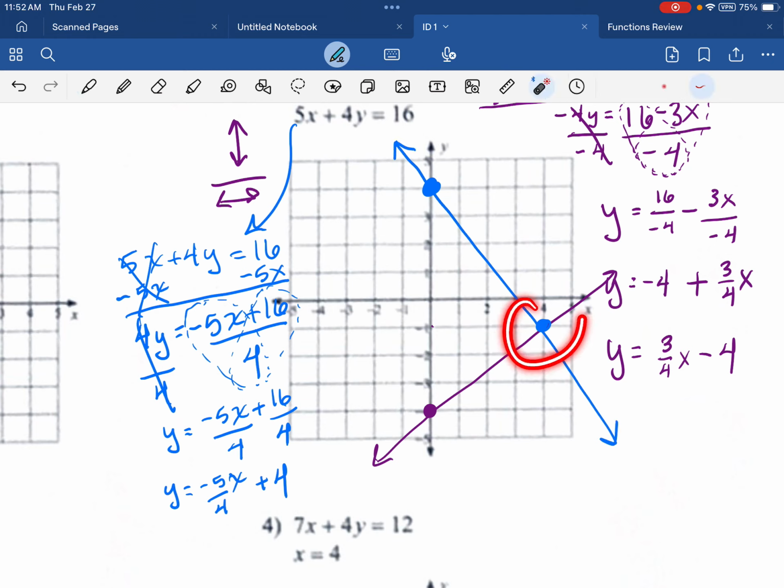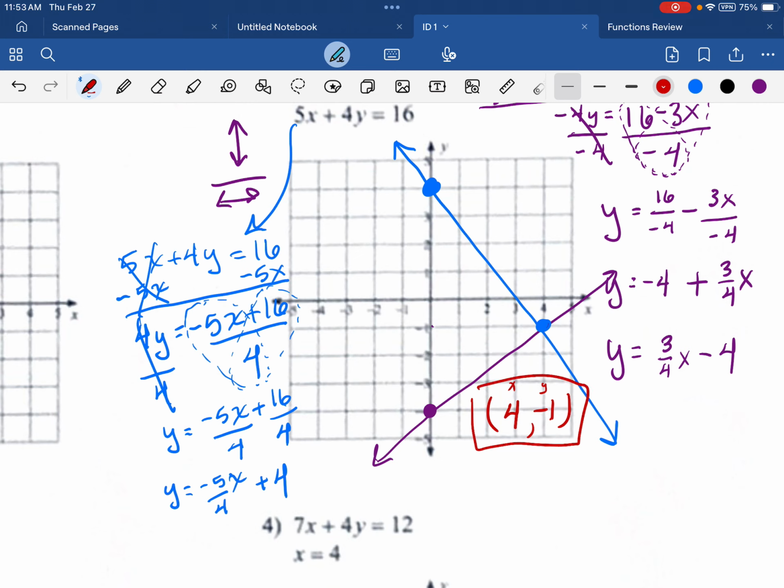Now remember, what I'm looking for is a place where they cross. The place where they cross on this problem, and remember we write it as a coordinate point, x, y, looks like it'll be 1, 2, 3, 4 to the right, and 1 down, so negative 1. Okay, and here's our answer.